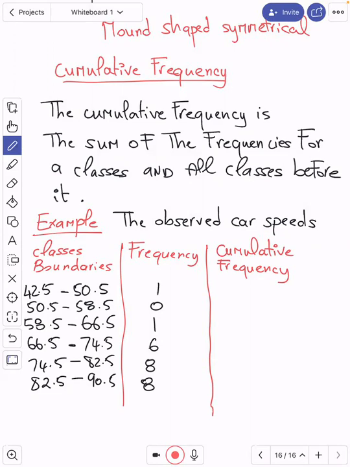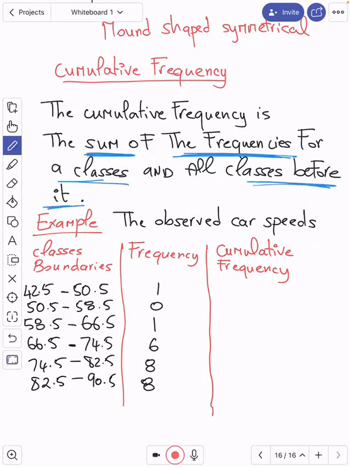Okay. Now, for the cumulative frequency, by definition it's the sum of the frequencies of a class and all the classes before it.